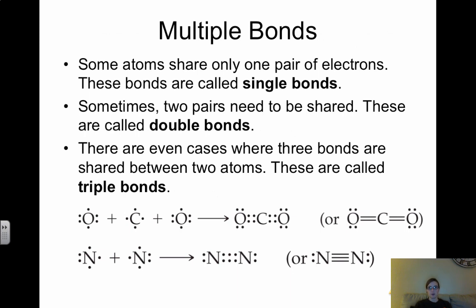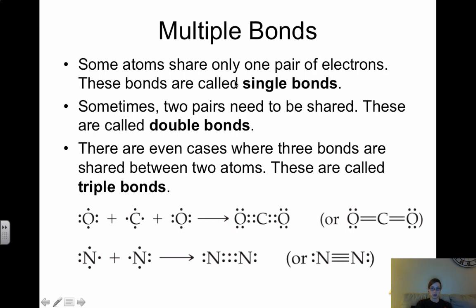And then we have multiple bonds. Some atoms share only 1 pair of electrons. This is a single bond. If 2 pairs of electrons are needed, this is a double bond. And if 3 pairs of electrons are needed, this is going to be a triple bond. What is important to remember is that single bonds are the weakest, triple bonds are the strongest.